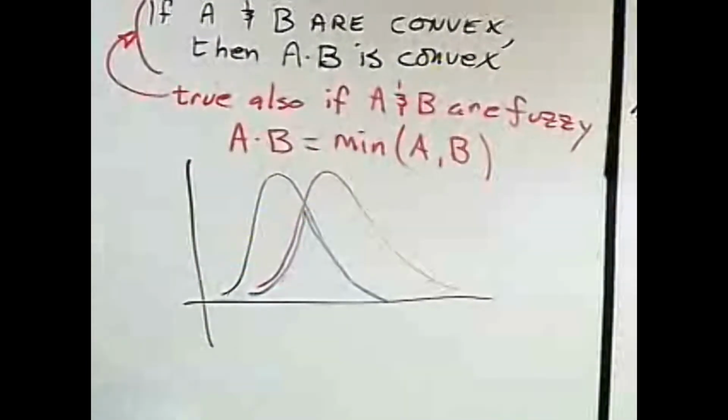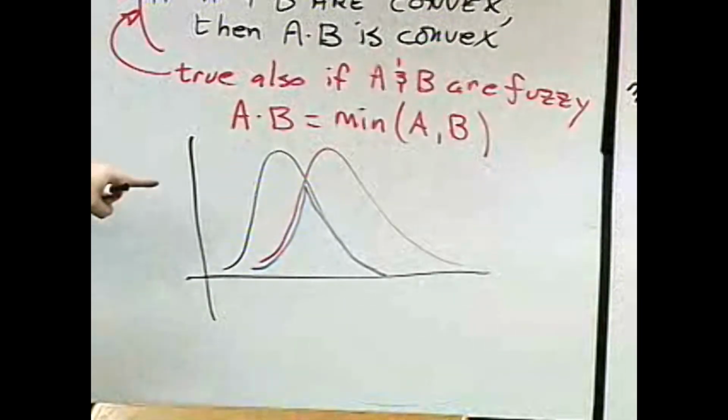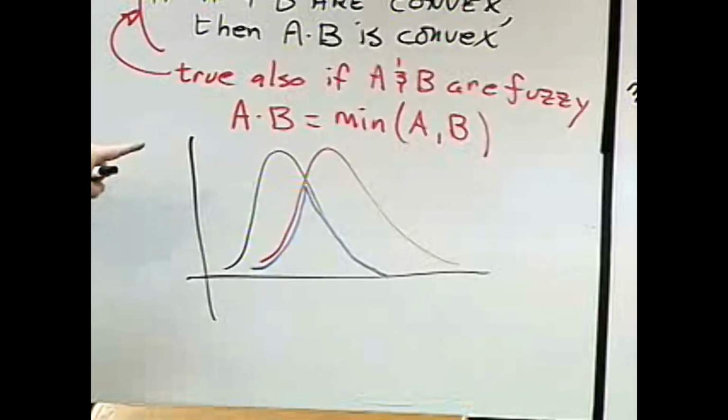Just from this little sketch, is that minimum also a fuzzy convex set? Yes. Because that blue curve has all of its alpha cuts equal to little squares, right? So indeed, it does make sense, at least from a geometrical point of view.